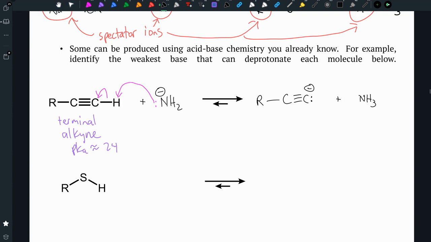and NH3. You may recall that the pKa of NH3 is roughly 35. So the K value for this reaction is about 10 to the 10th or 10 to the 11th, which is really big, which means if I carry this reaction out, I will make pretty much 100% of my molecules into the acetylide.